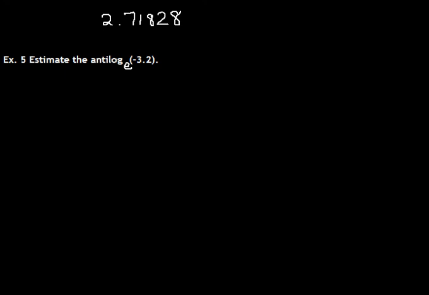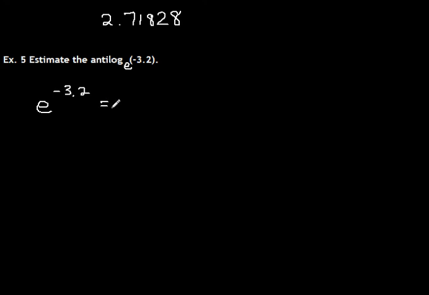And our last problem. Estimate, this is a different way to do it, the anti-log base e of negative 3.2. So it's still the same thing. Find the anti-log of negative 3.2. Your base is e, your exponent is negative 3.2.